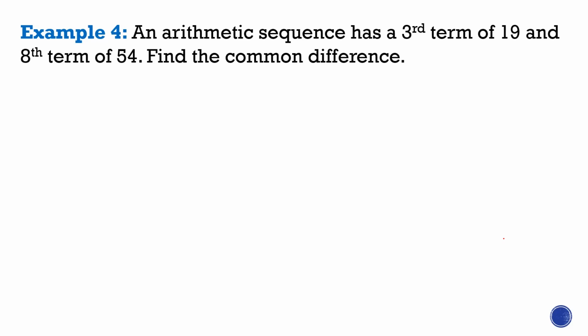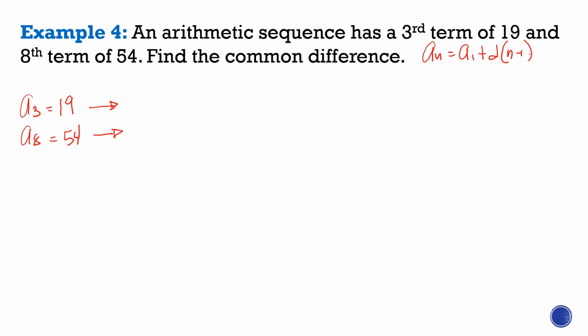So to do this, let's start with converting this information into equation. So third term, maybe I will rewrite that as a sub 3 equals 19. Third term is 19. Eighth term is 54. Next, we will convert this into equations. Now remember, the formula for finding the indicated term of an arithmetic sequence is this.